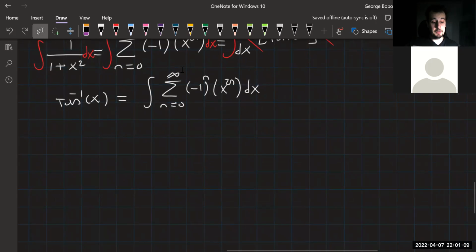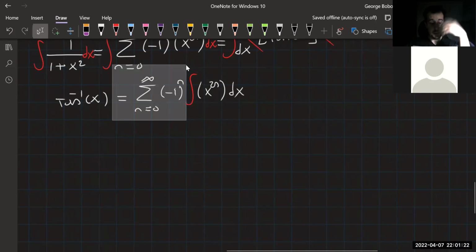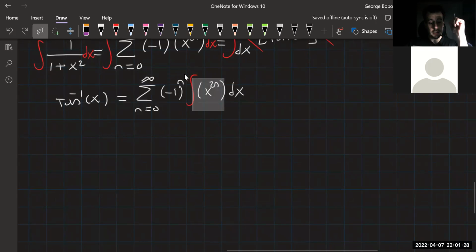It can dive straight in to the x, because that's what it cares about. You're integrating with respect to x. It doesn't care about anything that has to do with n. It can dive within the sum like this. Can you tell me what the integral of this would be?